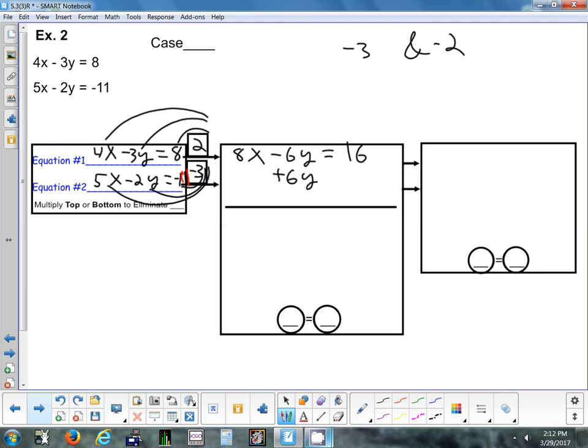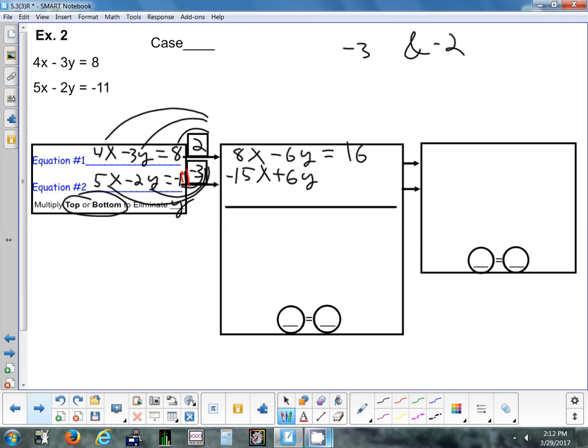Okay, so when it says here, multiply top or bottom, I didn't circle one because we can circle both. We did both. Okay, and we're eliminating y. So Natalie, what's negative 3 times 5x? Negative 15x.